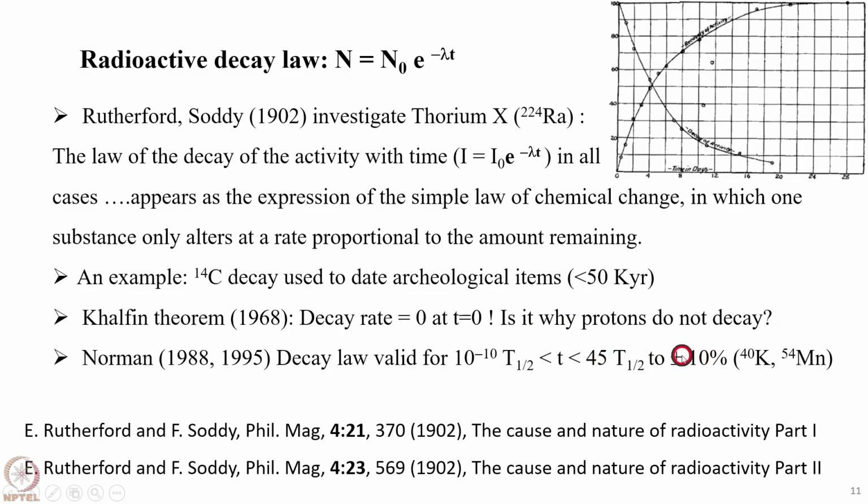This was done using potassium 40 and 54 magnesium, to about plus or minus 10%. So as far as we know, there is no violation of the decay law, although in atomic physics there is something which has been found by experiment called the quantum Zeno effect, and if I have time, maybe in some future lecture I might talk about it a little.